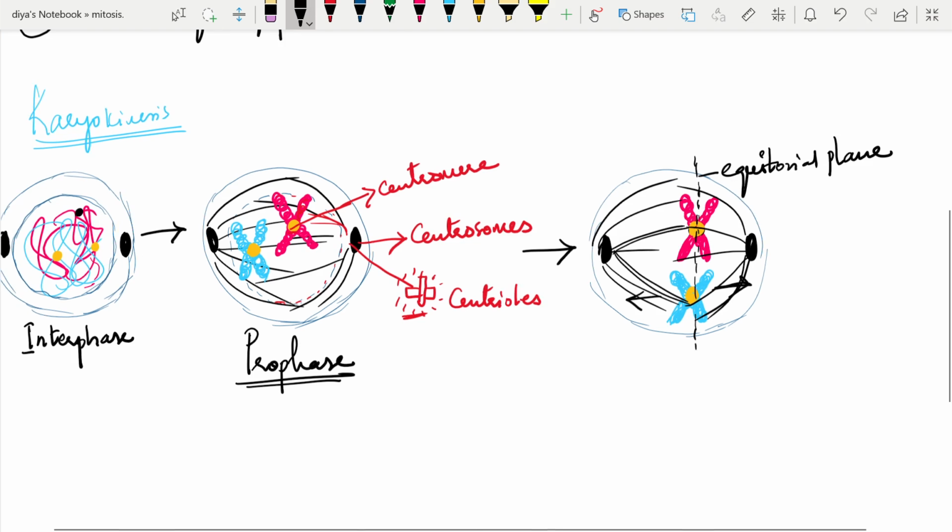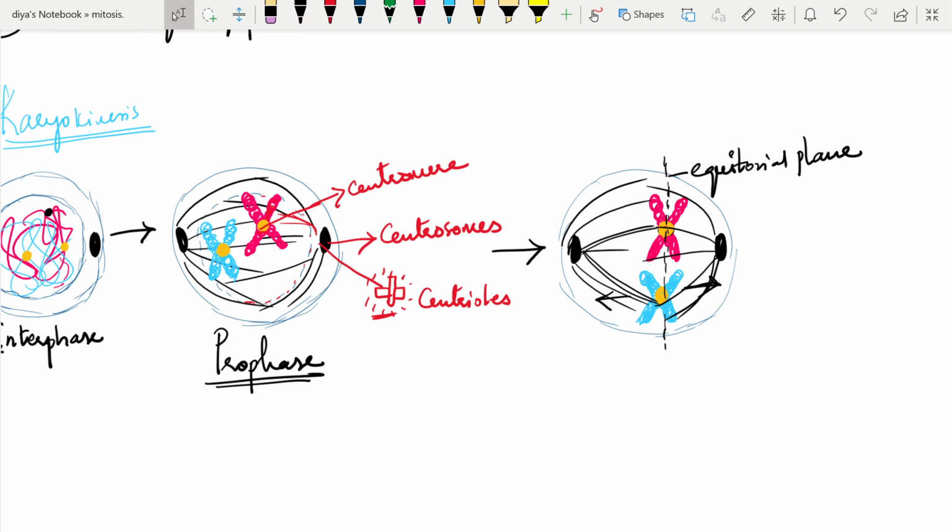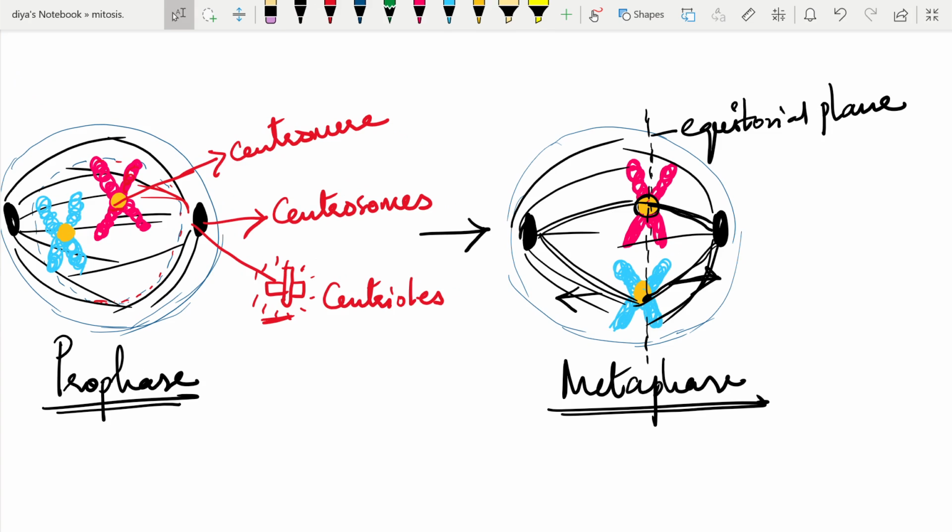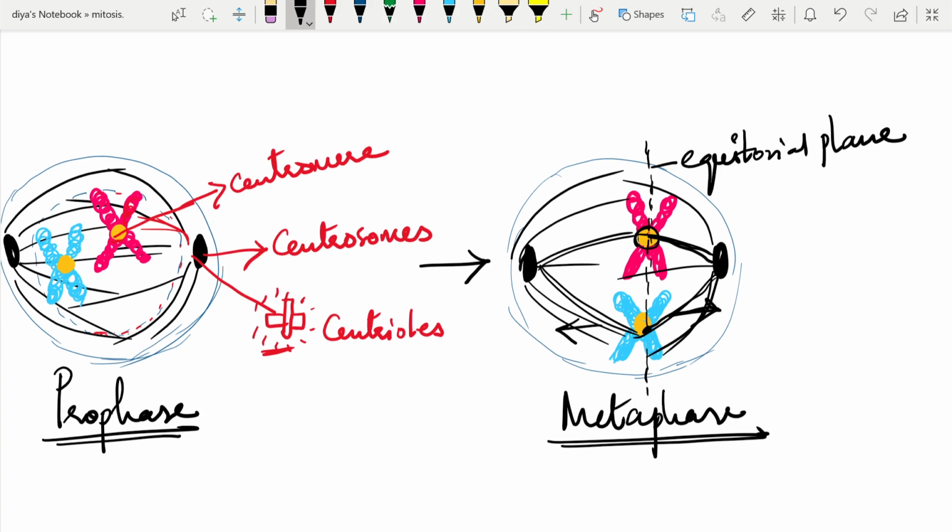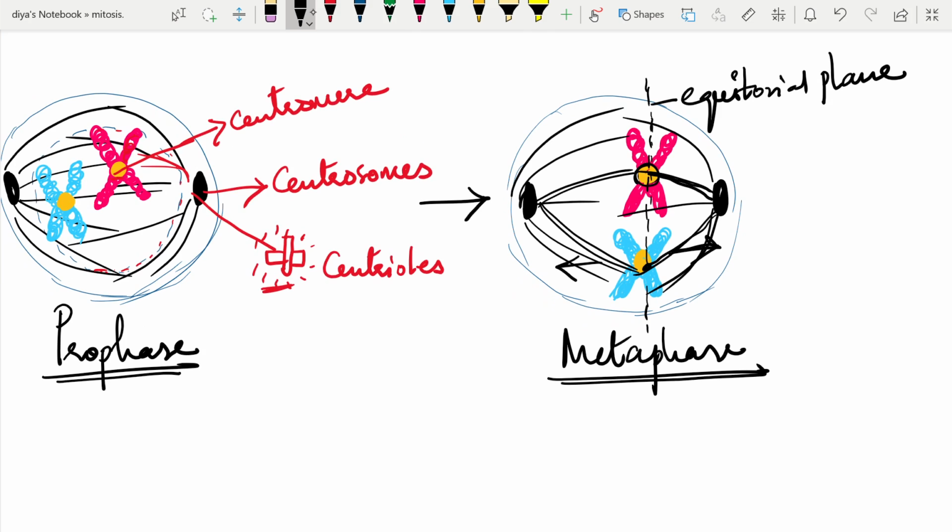This phase where the chromosomes align and the spindle fibers attach to the centromeres is known as metaphase. The most characteristic feature of this phase is that the chromosomes are aligned in a straight plane known as the equatorial plane.